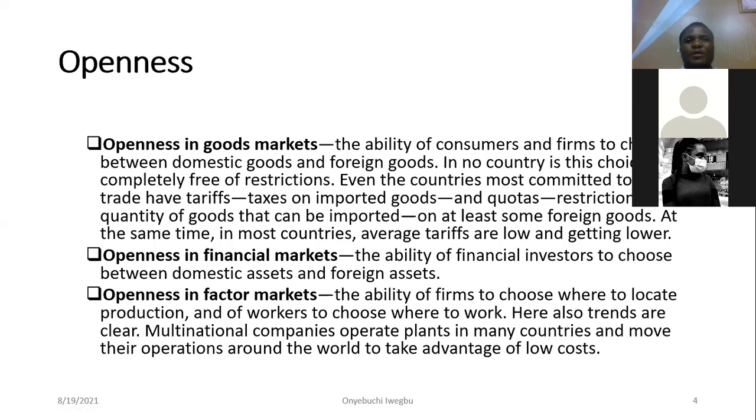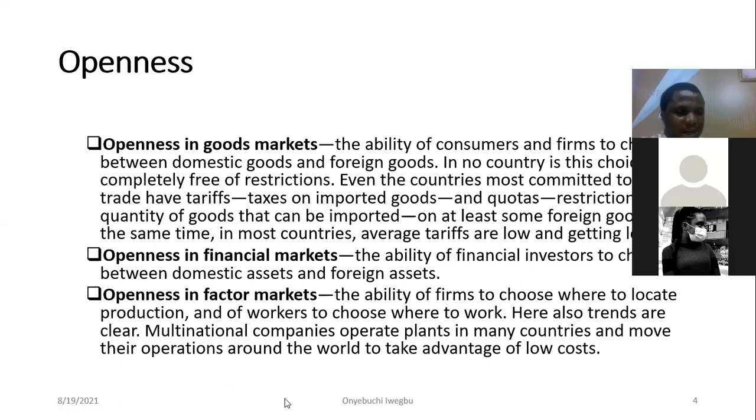So now let's look at this openness. We look at openness in goods market, openness in financial markets, and openness in factor markets. This is just like a definition of it, but it's not limited to that definition. We are only going to consider openness in goods market and openness in financial market.